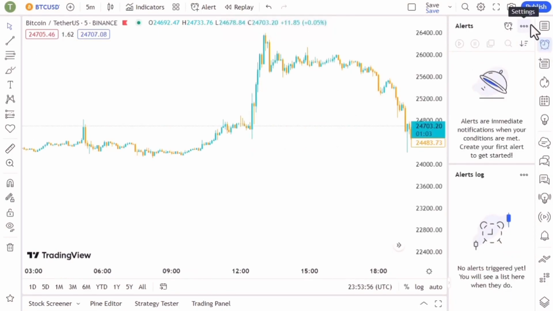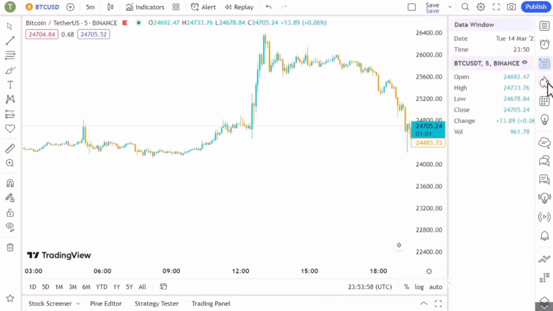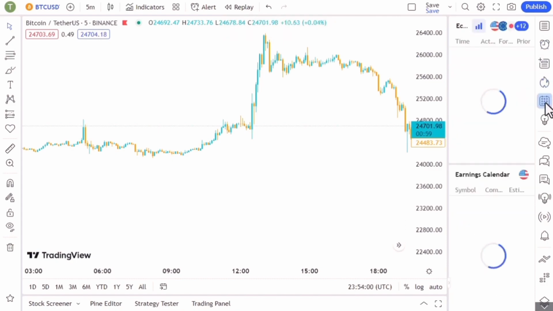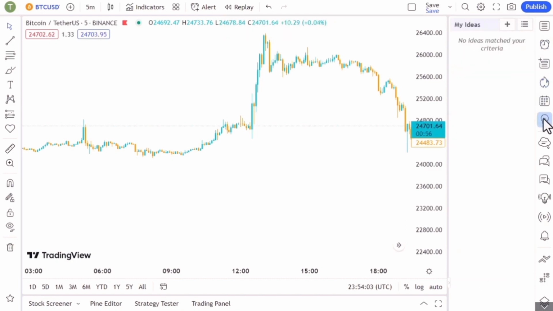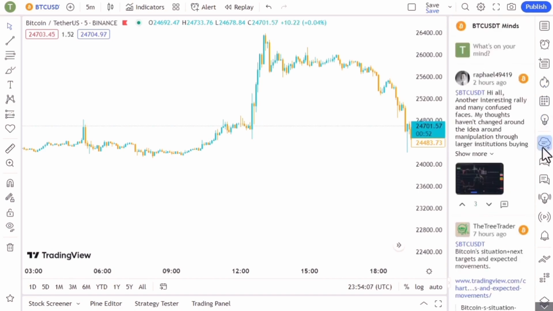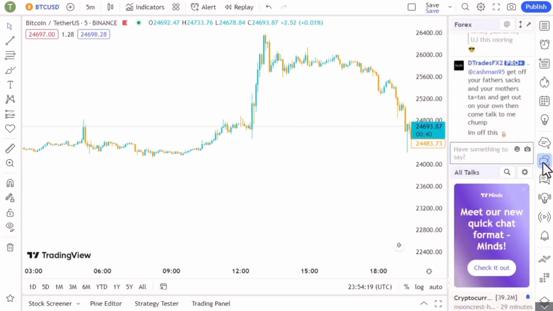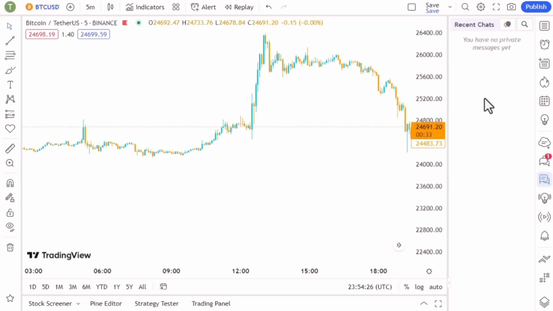Then in here, we have the data window, the hot watch list, the calculator. You can use here as your notepad, writing down your ideas. Then in here, we have different ideas and topics on crypto predictions, everything other people share, like CoinMarketCap, the community section. And then in here, we have public chats, where you can chat with other people just like you, nothing out of the ordinary.